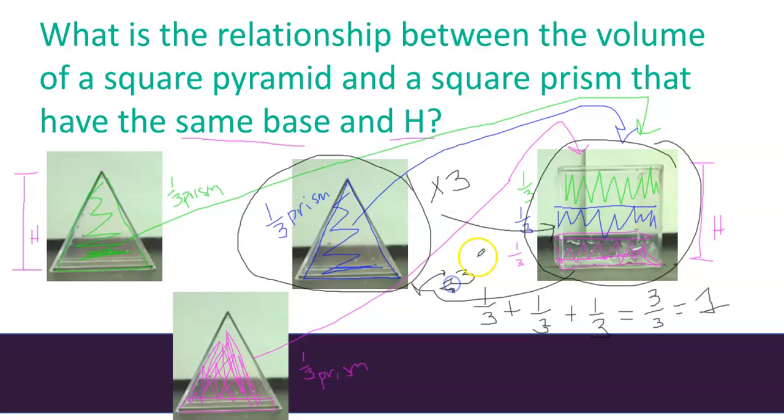So we have this relationship that's based on this factor of 3. If you multiply this tinier volume by 3, you get this larger volume. If you take this larger volume, you divide it by 3, you get this smaller volume.